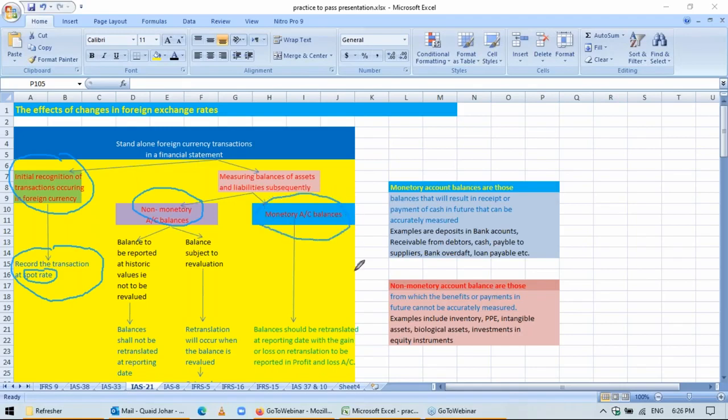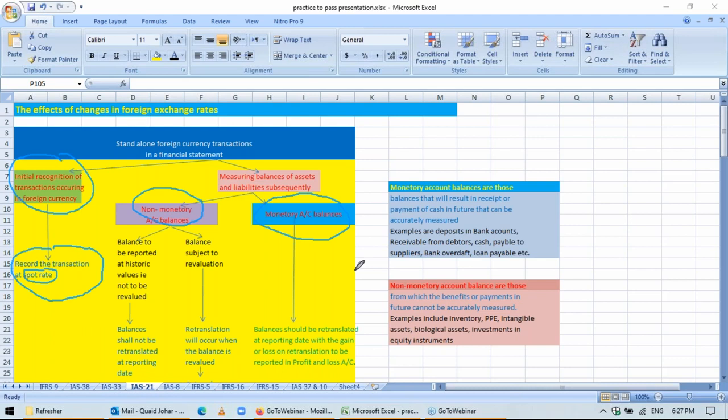So if the account balance is a non-monetary account balance. Now, what is a non-monetary account balance? Suppose you buy a building in dollars, and your financial statements are being prepared and issued to the shareholders in rupees.